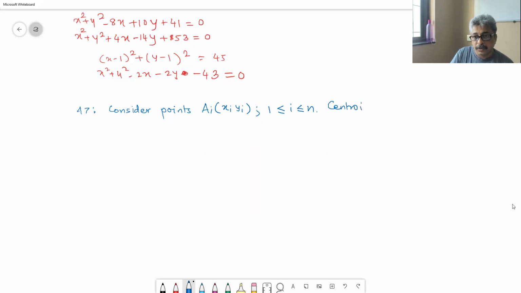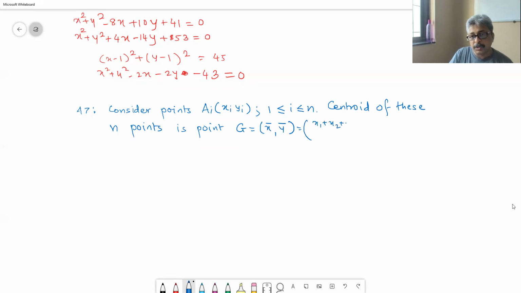The centroid of these n points is the point G (x bar, y bar), which is (x1 plus x2 plus ... plus xn divided by n, y1 plus y2 plus ... plus yn divided by n).